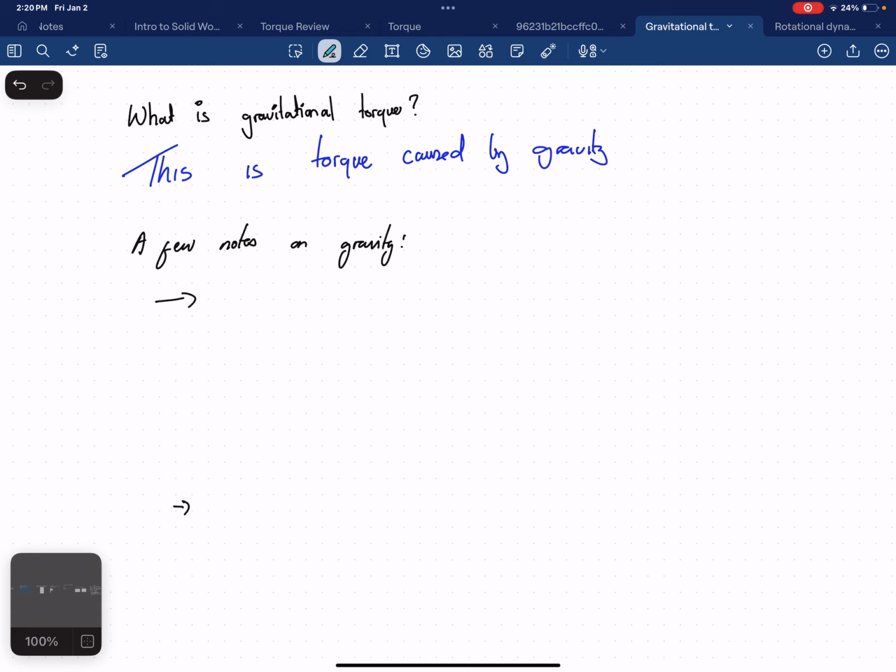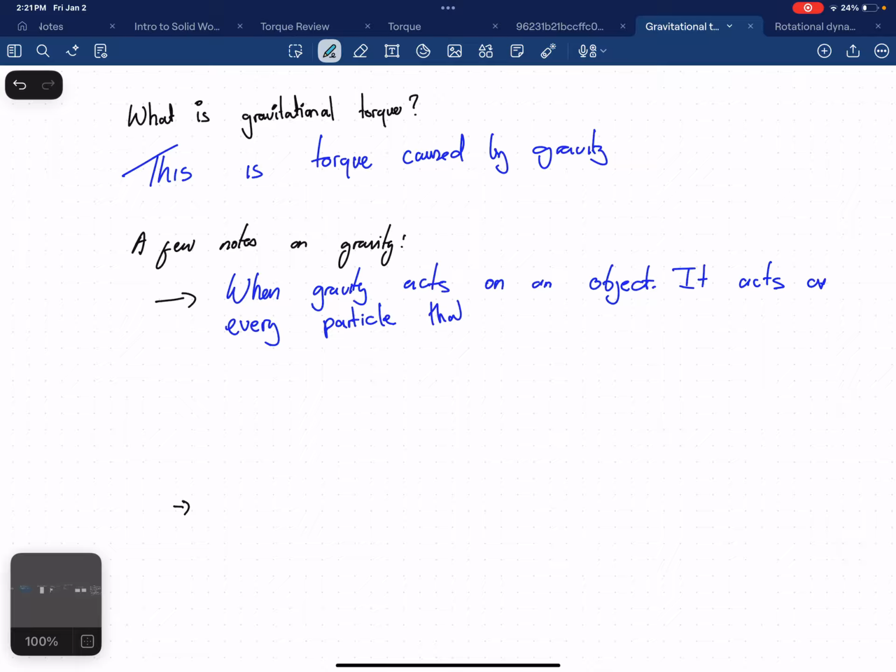So, when gravity acts on an object, it acts on every particle that makes up that object. All right? So imagine if our object is a human being.